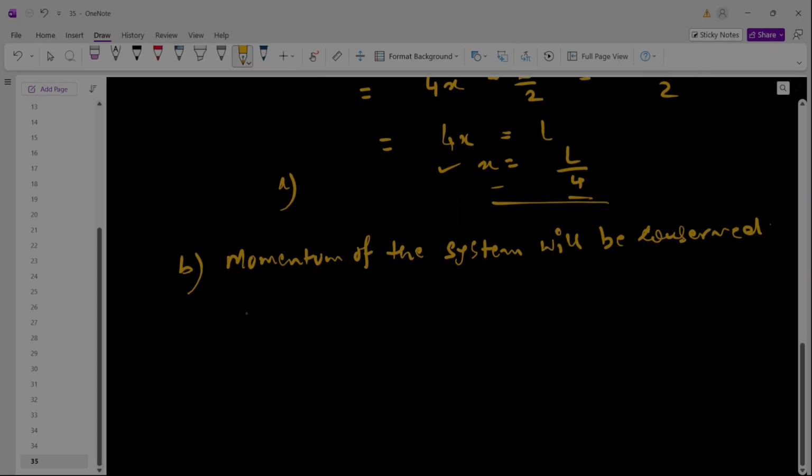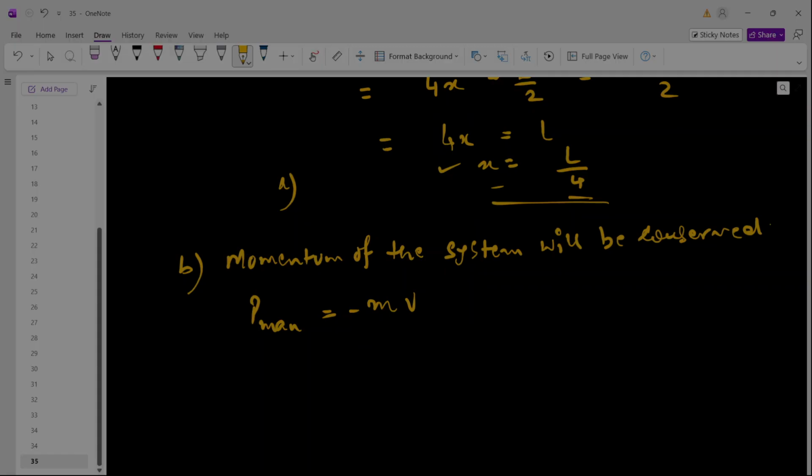So what is the momentum of the man? P man is equal to mass of the man multiplied by velocity, and based on our reference point, the man is moving in the negative x direction, right? So this will be minus mv here, right?